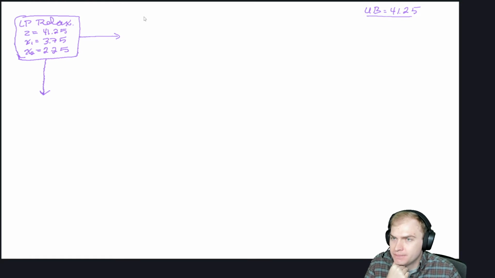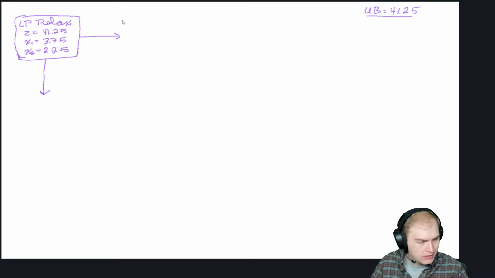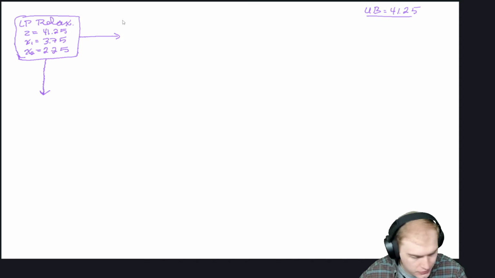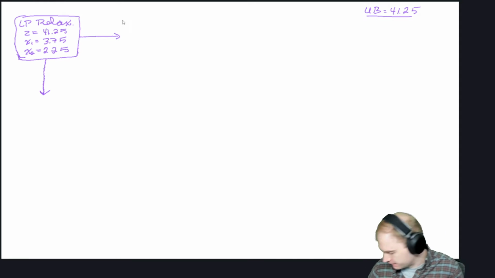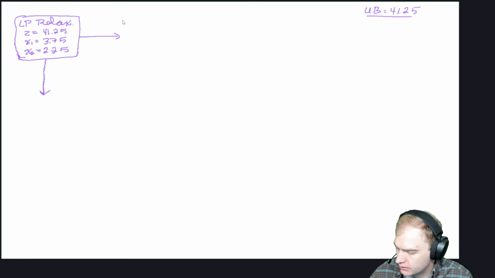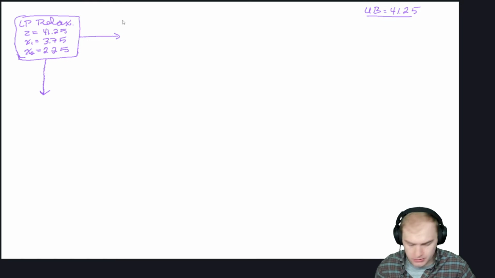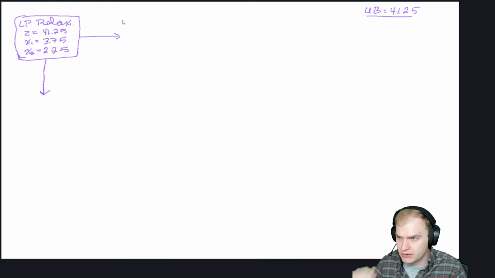We're going to add some constraints to this problem to try to force those variables into integer solutions, into integer points.